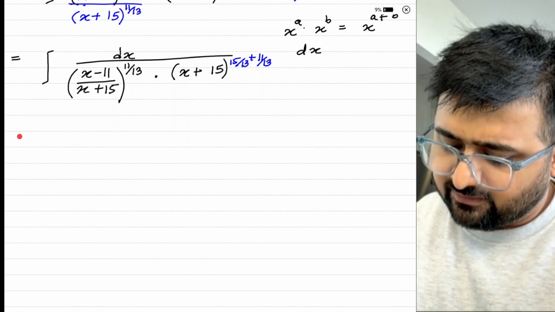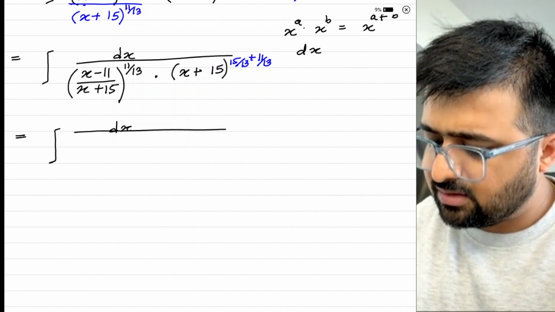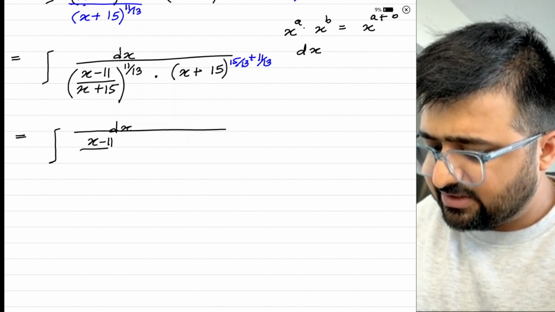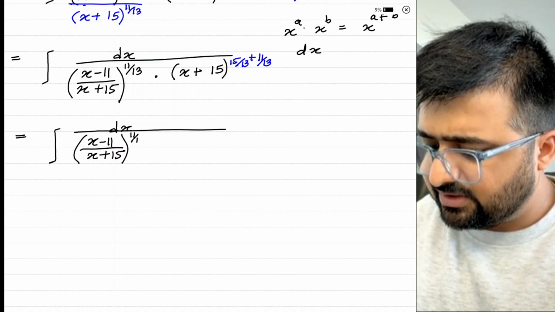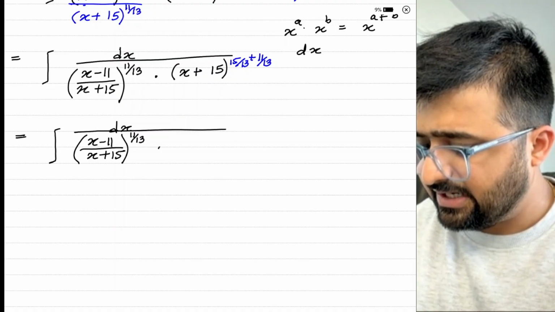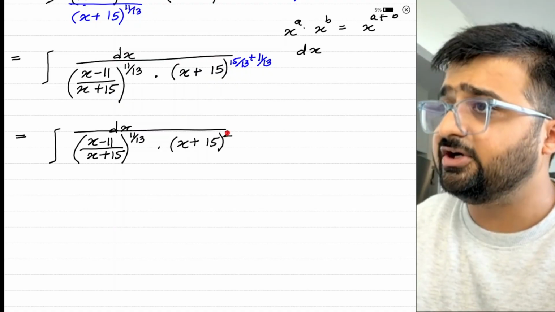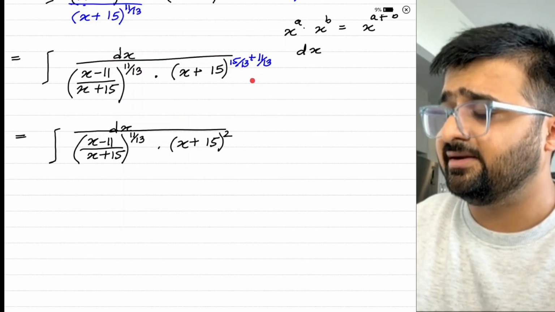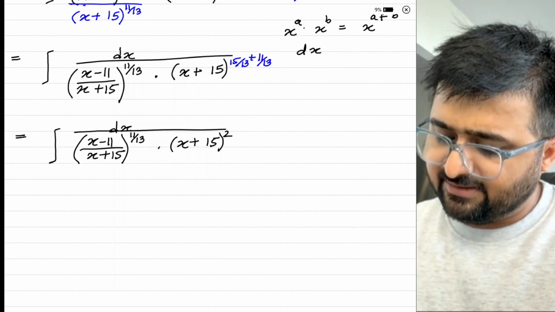So what we have now is the integral of dx divided by (x minus 11) divided by (x plus 15), to the power 11 by 13, times (x plus 15) to the power 2, because those two numbers will add up and give you 2 by the law of exponents. So that's the integral that I have so far.